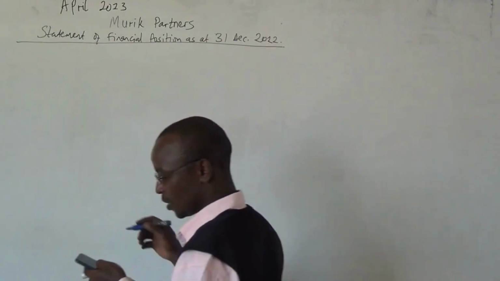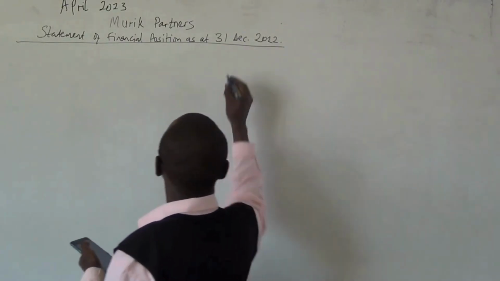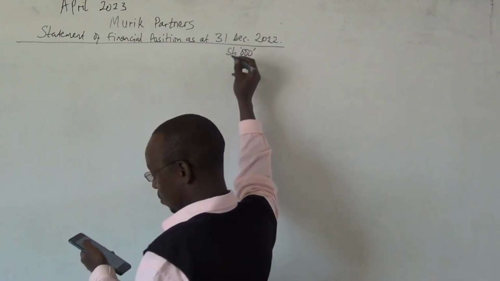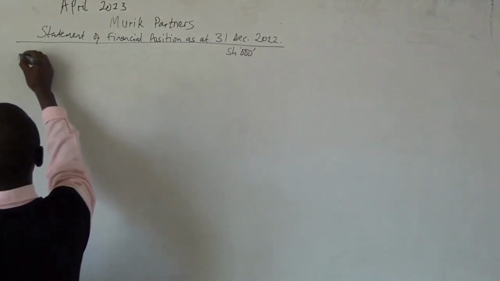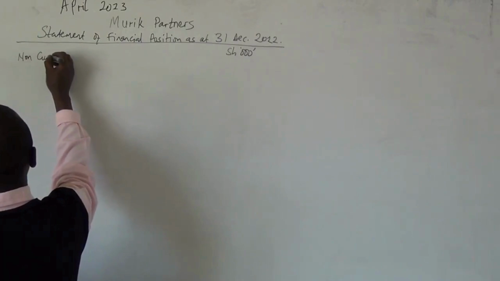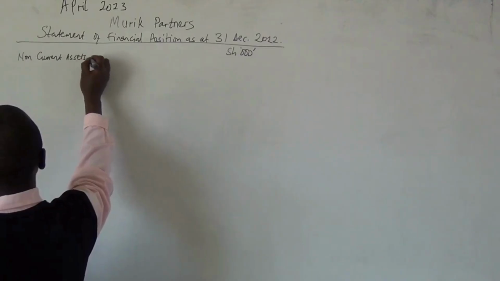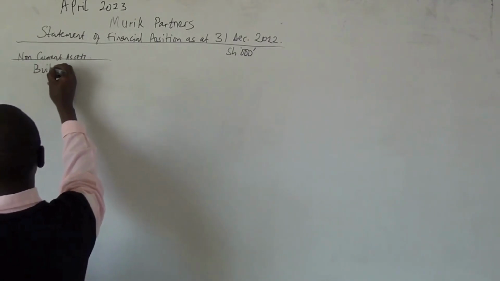Our figures are in shillings thousand. We have the buildings, non-current assets. We list them in the order of permanency. Buildings.